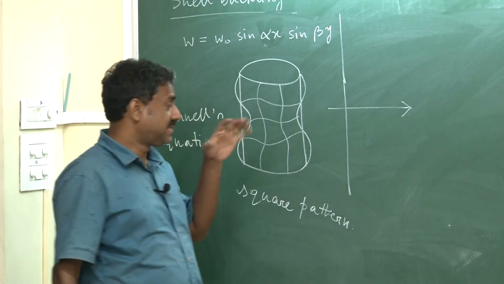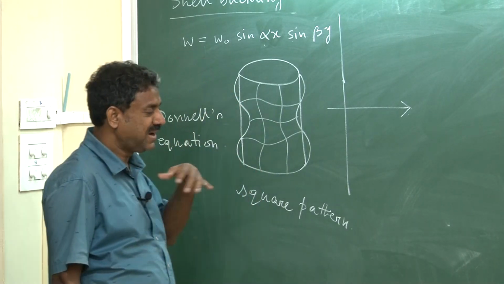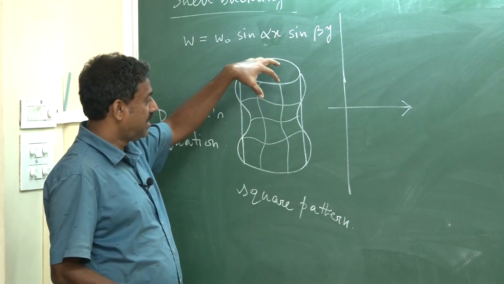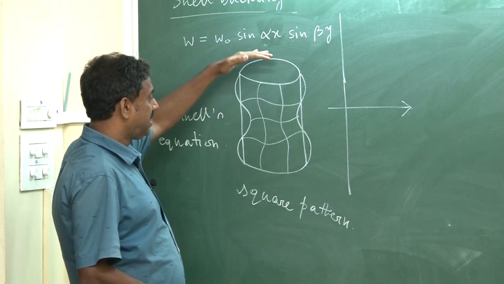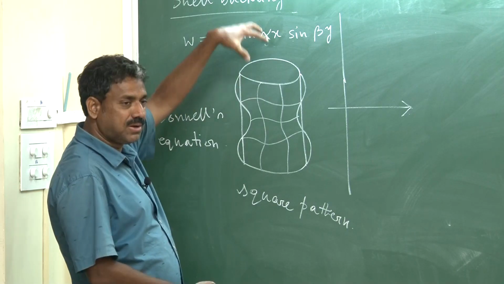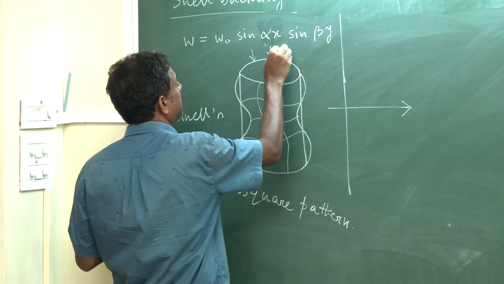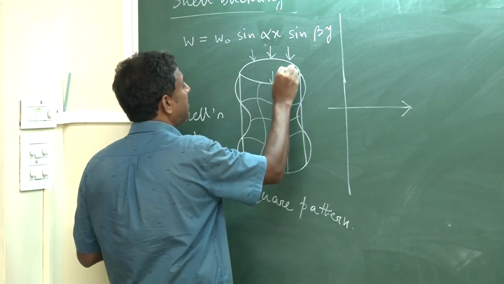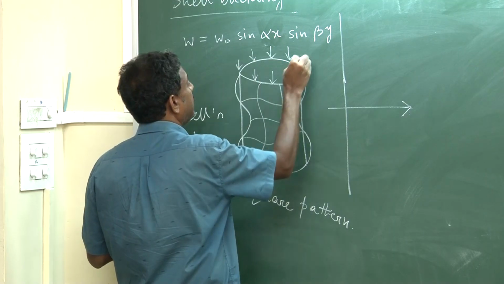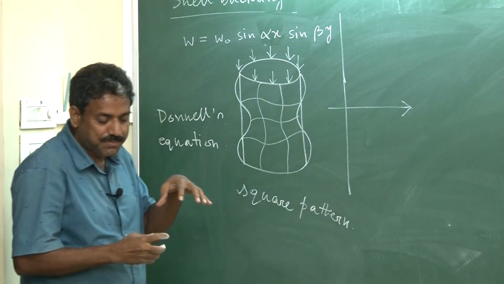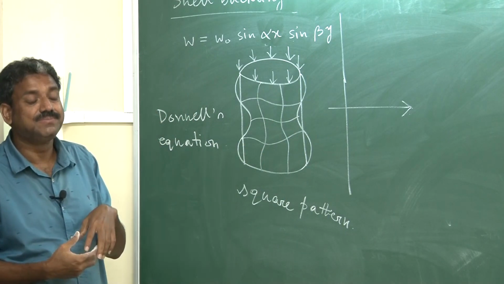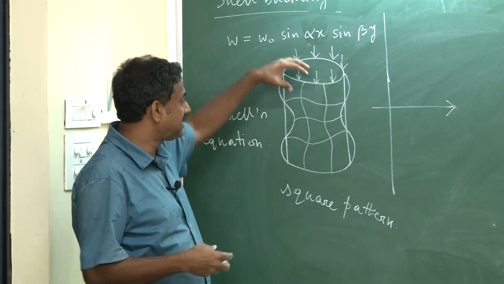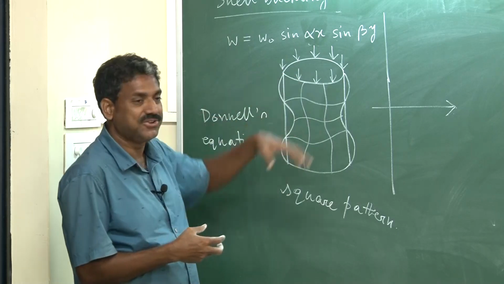Of course, while doing this experiment, it is not that easy to directly apply the compression load. The cylinder is subjected to axial compression. While you are applying the compressive force from the top, a mandrel is put inside, which gives a kind of loose support to the cylinder.